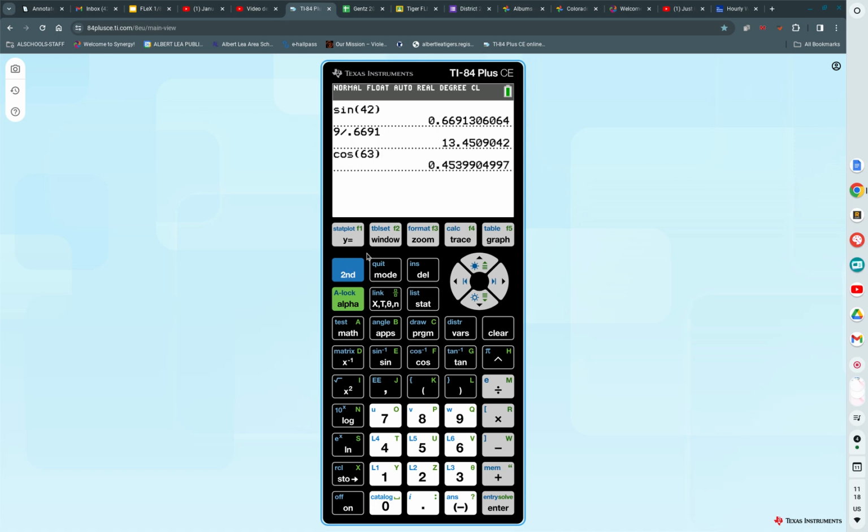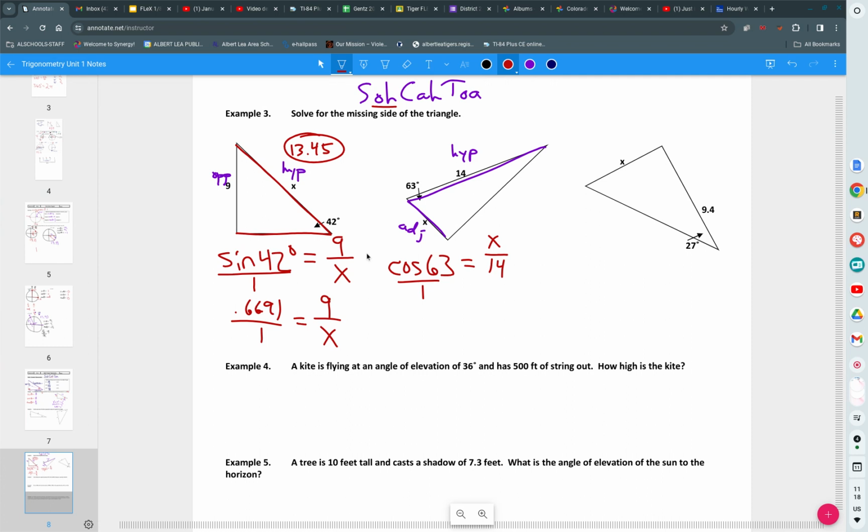Make sure you're coming up with 0.4539, which is equal to x over 14.